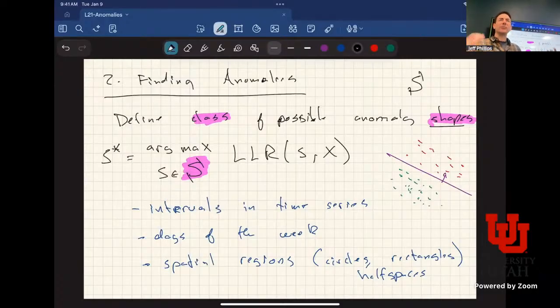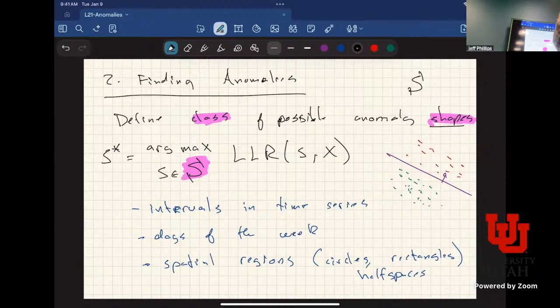I don't have to derive it as a log likelihood ratio. From statistics, this gives you the most powerful hypothesis test for certain things under a bunch of assumptions, but I could define a different kind of function here if I wanted to, and everything would still make sense. I want to maximize over some family of shapes that will do a good job of finding that something different is happening in this subset than in everything else.